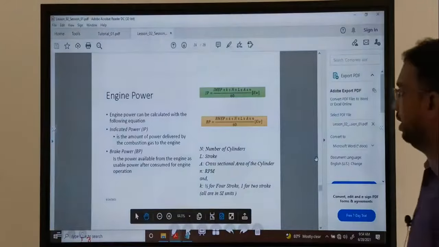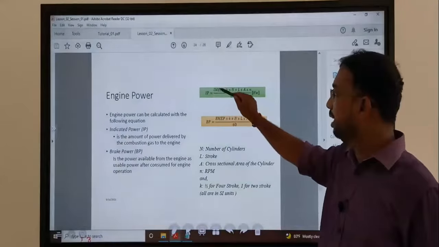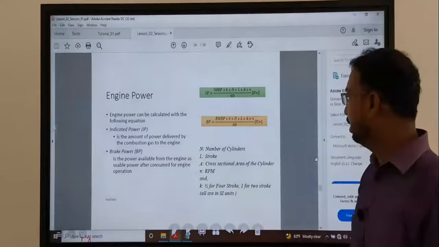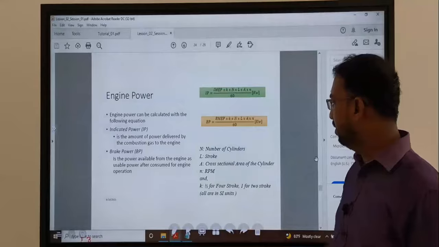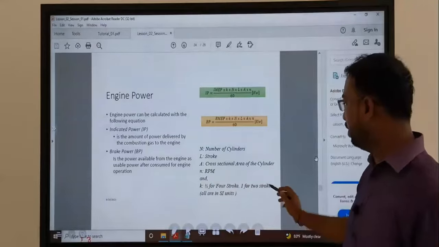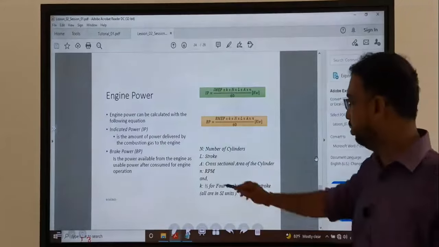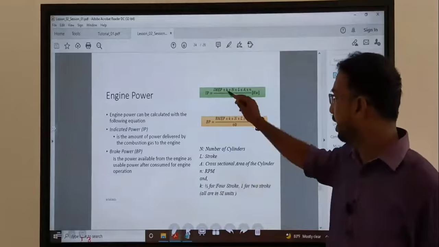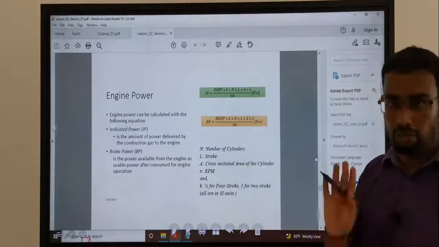In the equation we need the IMEP. K is a K factor: for a 4-stroke engine we use half, 1 for a 2-stroke engine. Here it is a 4-stroke 4-cylinder engine, so we use half for K, and N means number of cylinders, which is 4.